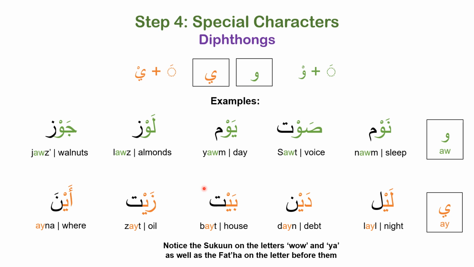It is not a long sound. Just remember that formula: fatha plus either a waw or a ya, which carry a sukoon. If it's a fatha followed by a waw sukoon, it's aw. If it's a fatha followed by a ya sukoon, it's ay.